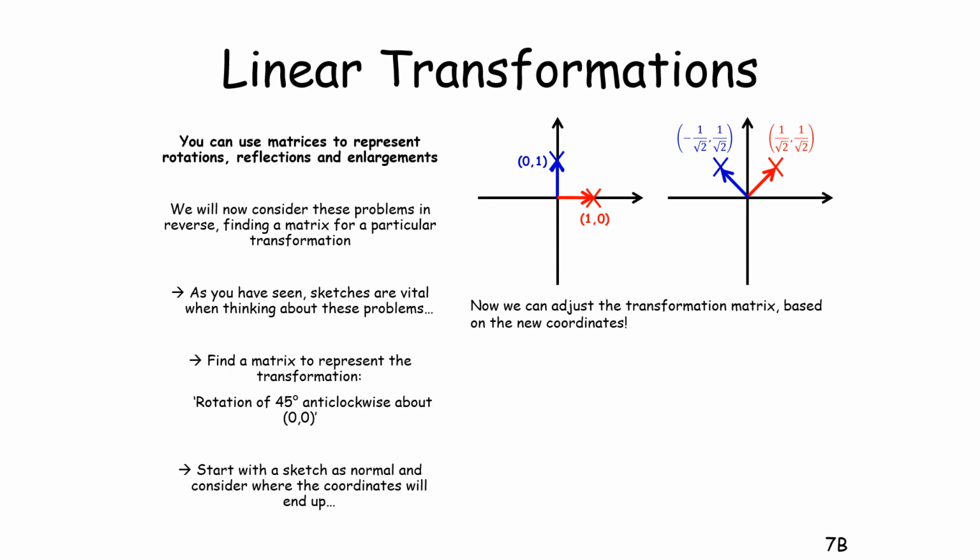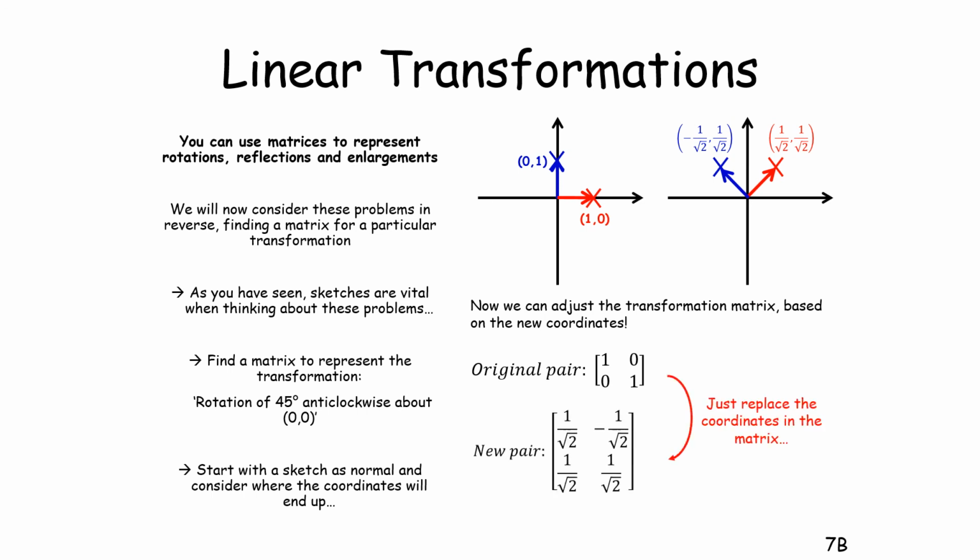Now you can adjust the transformation matrix based on the new coordinates. The coordinates 1, 0, 0, 1, we just replace with 1 over √2, 1 over √2, and then -1 over √2 and 1 over √2. So this matrix will rotate the shape 45 degrees anti-clockwise about 0, 0.